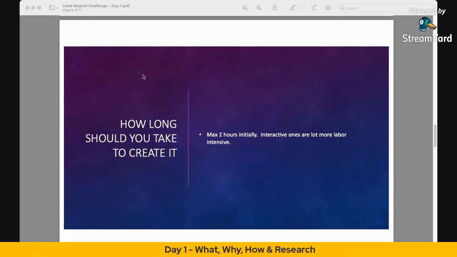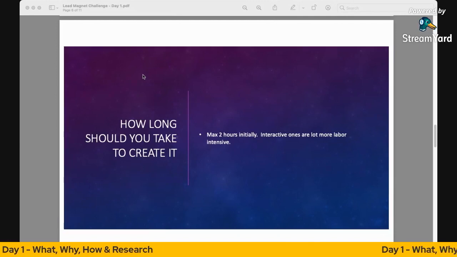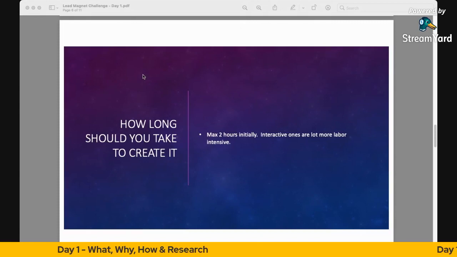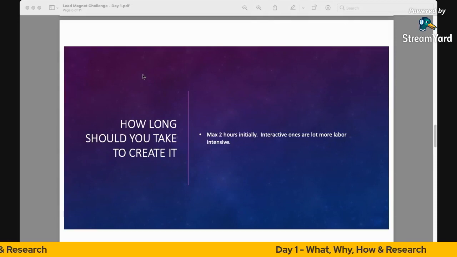So initially, it should take a maximum of 2 hours. If you think your strategy session, about 30 minutes, is what your lead magnet is going to be, you build a lead funnel from that lead magnet, right? But that's not taking 2 hours of your time, is it? It's 30 minutes.